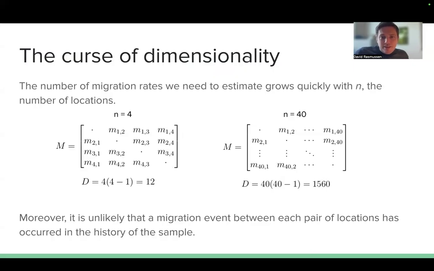And two is just that if we think about it, with finite data, a limited number of samples, it's actually unlikely that our sample will contain migration events between all possible pairs of populations, meaning that nowhere in the history of our sample was there actually a migration event between any two populations.